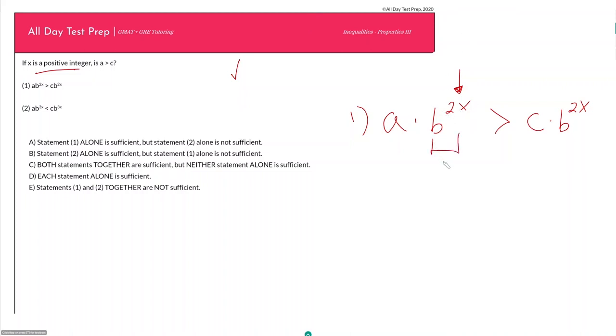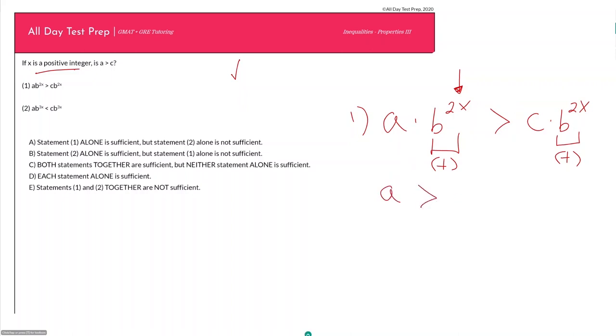And so we actually know the sign of b to the 2x. It will be positive. And that's for two reasons. It's because we know our base is not equal to 0, and because we know x has to be a positive integer. So given that we know b to the 2x is positive, we do not have to flip our sign, and we can divide each side by b to the 2x.